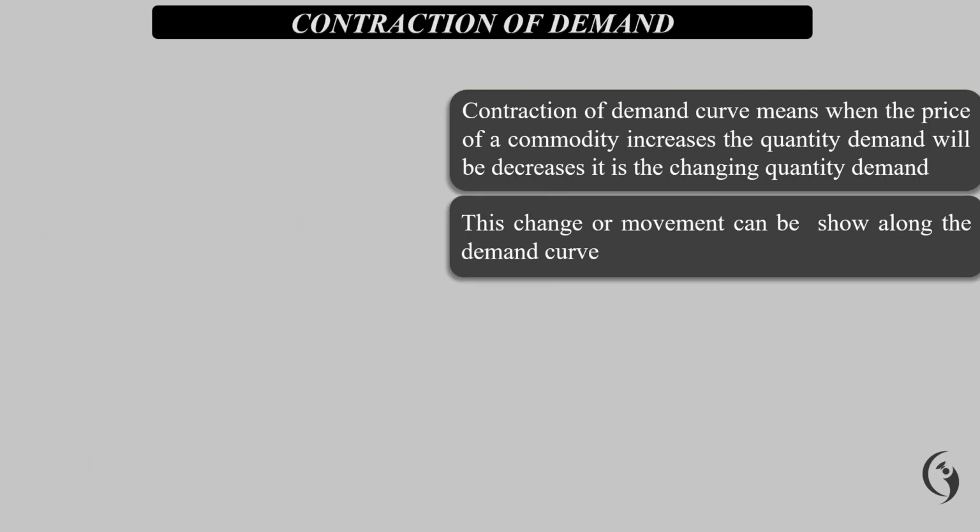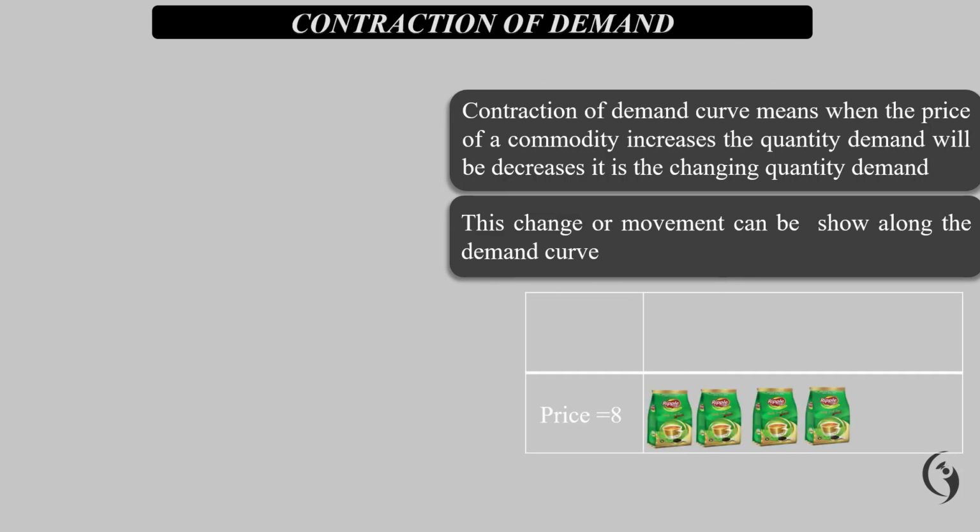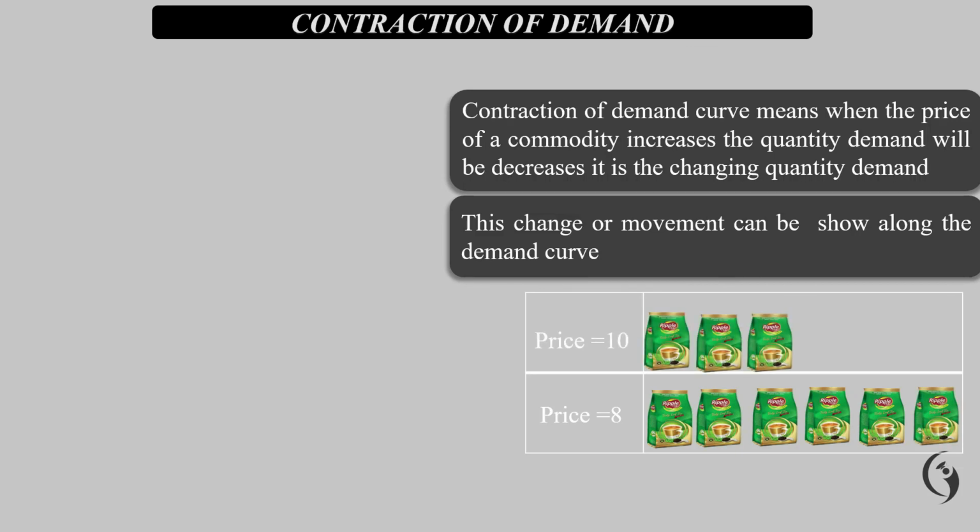The other one is contraction of demand. That means when the price of the commodity is 8, the quantity demanded is 6. When the price increases from 8 to 10, the quantity demanded decreases from 6 to 3. So the contraction of demand means that when the price of a commodity increases, the quantity demanded decreases.